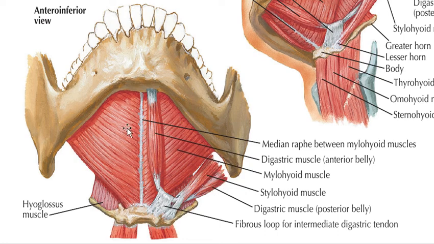And in the background, you can see the mylohyoid muscle, because it is originating from the mylohyoid line on the inferior aspect of the body of the mandible, and the other edge is attached to the hyoid bone.